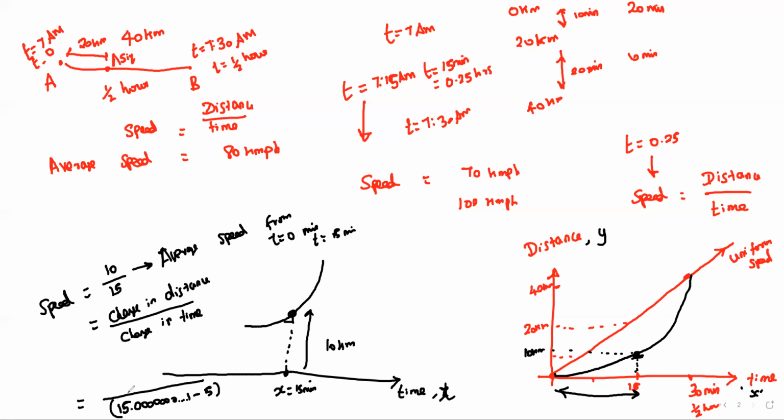That means from 15 minutes to the immediate next second, how much distance you will travel. For example, in 15 minutes you travel 10 kilometers. In the next second you may travel 10.0000 something, maybe 4 or maybe 5, whatever, minus 10. This is the exact speed at t equal to 15.